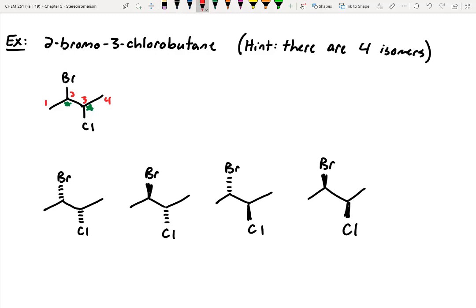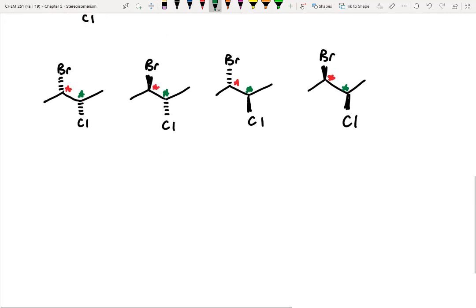We know that we've got stereocenters off of all of these. In fact, I'm going to color code them. I'll do red here and green here. My question for you is which of these are chiral and which are achiral? What do you think?